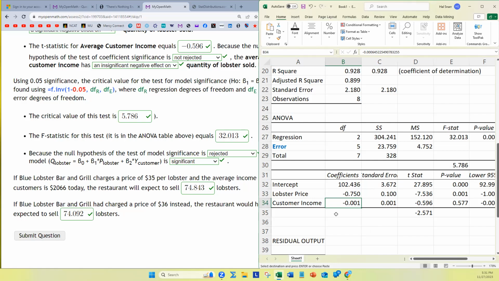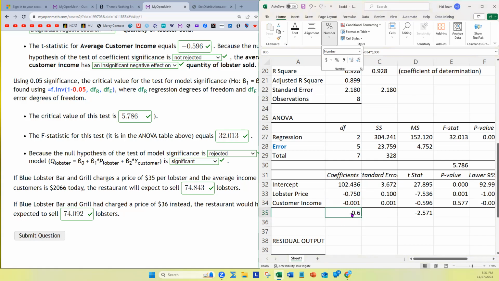In order for this to have an effect, if I multiply this value by 1,000, what that means is if my income goes up by 1,000, then the number of lobsters sold goes down by 0.6, right?